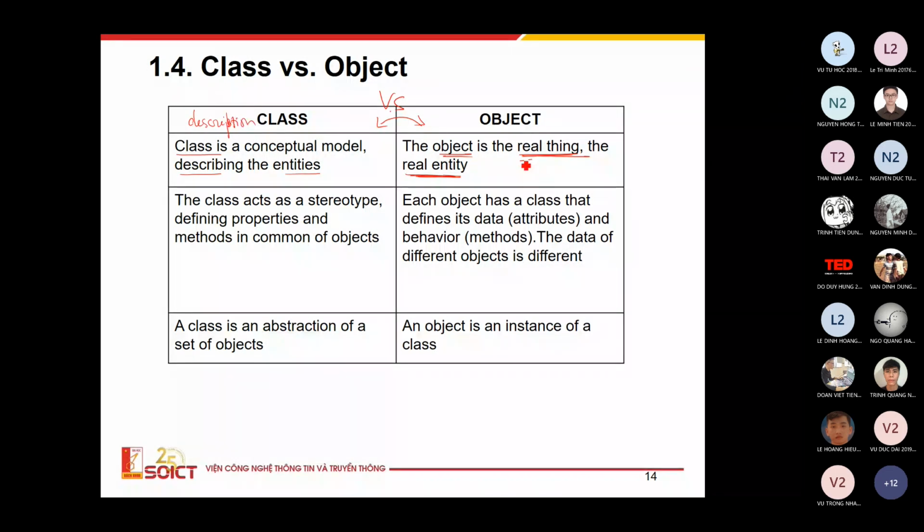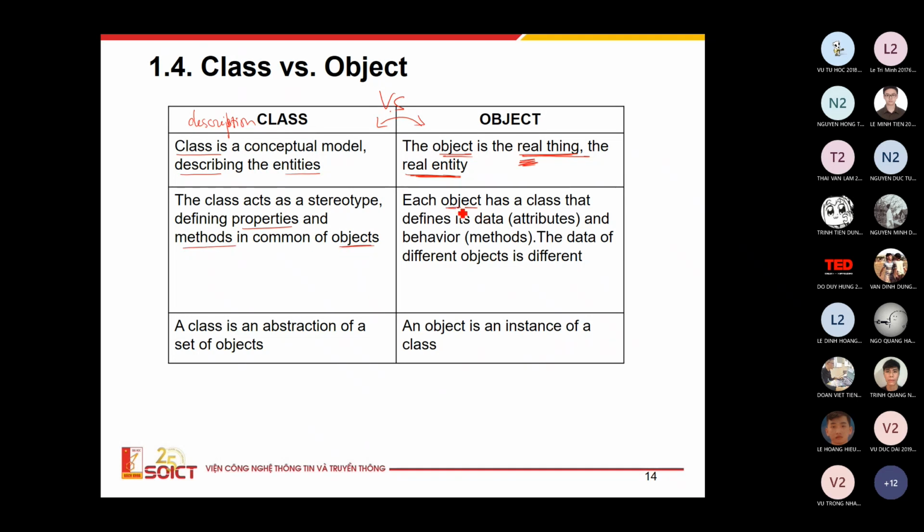Okay, and one thing is the real. Yeah. And the class can act as the stereotype or the prototype, for example. We can use it to define the property and the method of a common object.